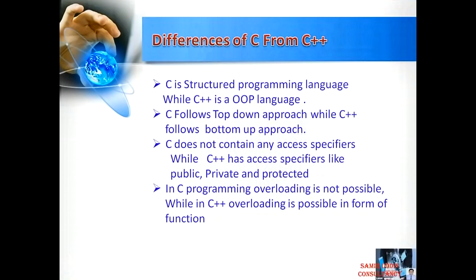C follows a top-down approach while C++ follows a bottom-up approach. In the top-down approach, normally a program is divided into a number of subprograms or functions, whereas the bottom-up approach creates templates first and then creates a number of objects based upon those templates.